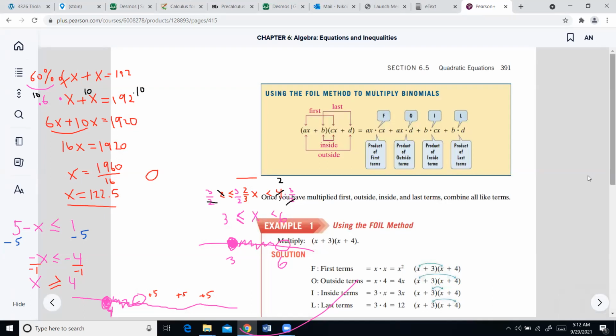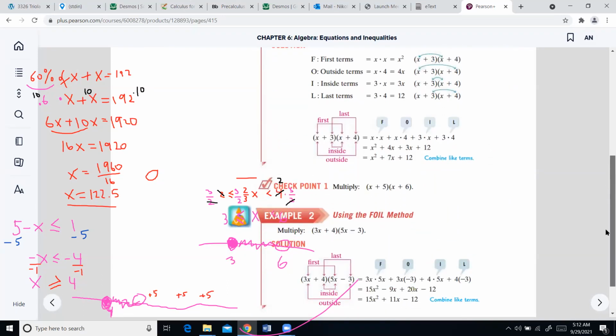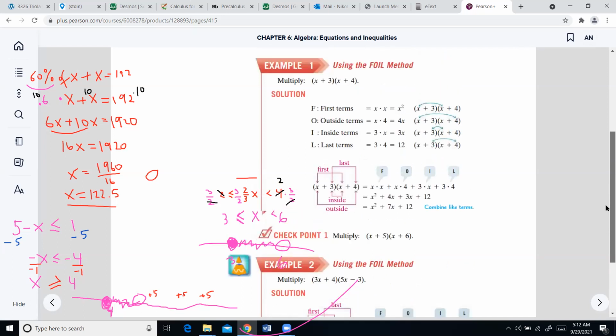So they deal with the factoring here, and that's a very popular procedure. So first of all, they show how they multiply the 2 parentheses together. People say distribute.